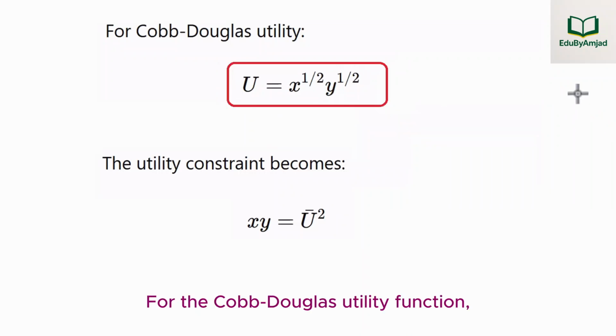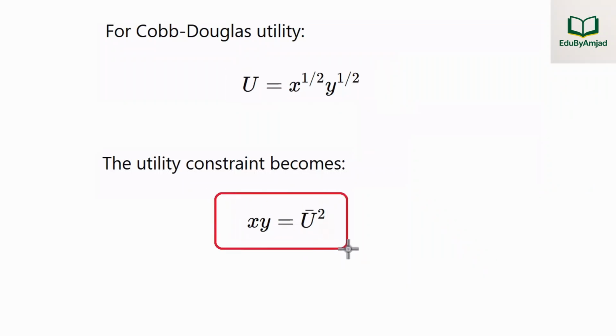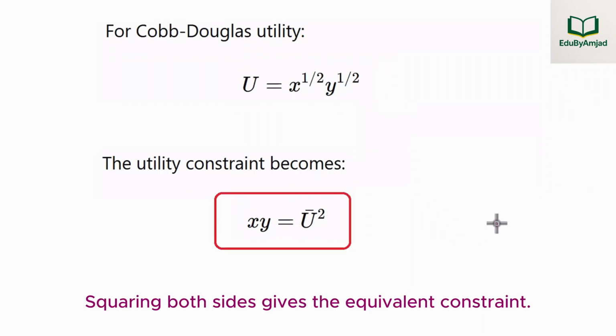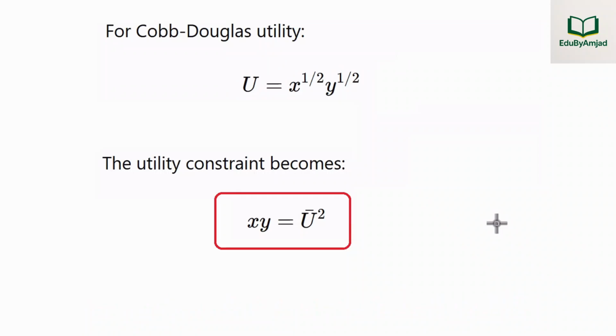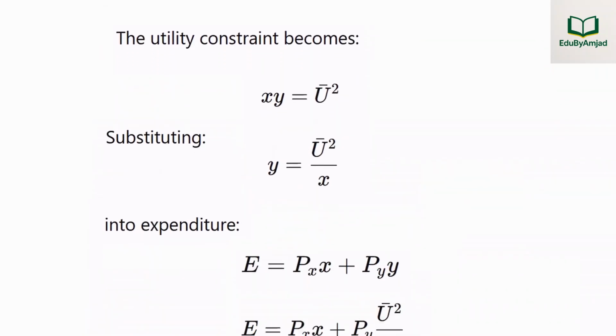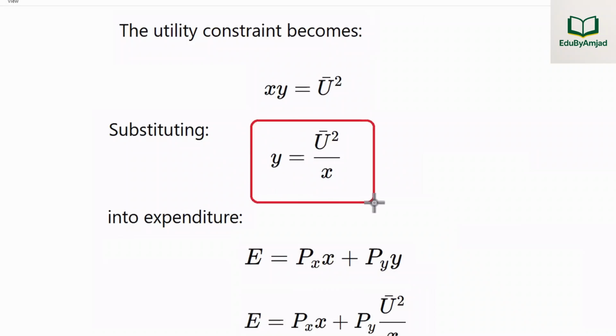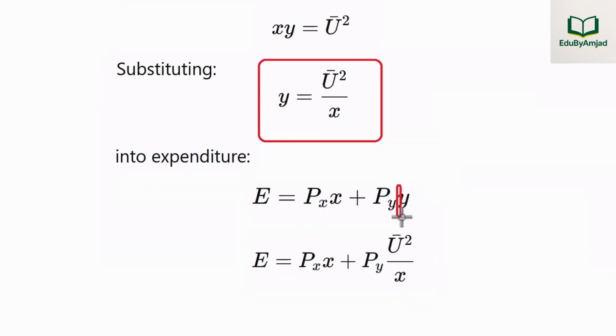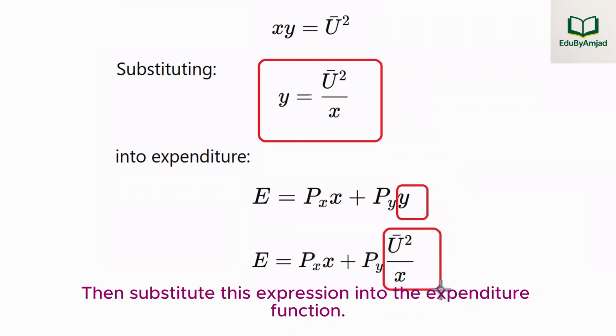For the Cobb-Douglas utility function, we begin with the utility constraint. Squaring both sides gives the equivalent constraint. Next, solve the constraint for good y. Then substitute this expression into the expenditure function.